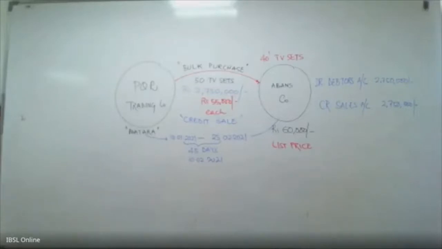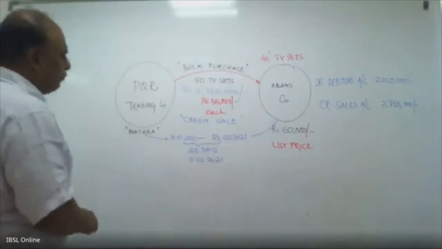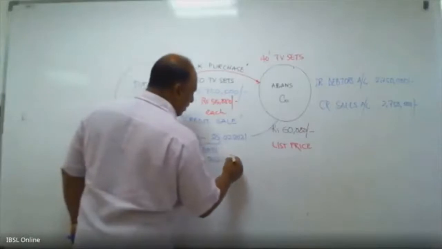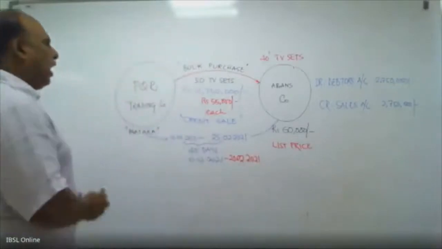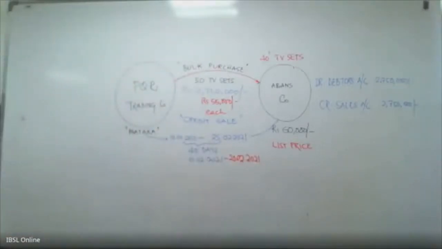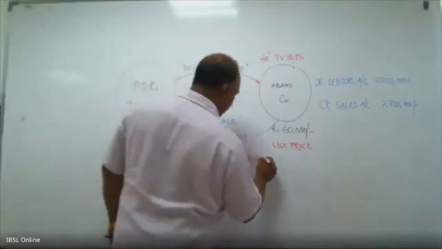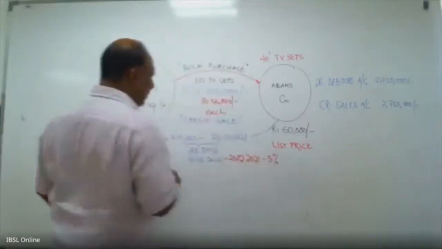Now what they say, Abans Company, look, if you can pay me something before 20th of February, I will give you a discount of 5% of the payment. Now it has to be very clear.